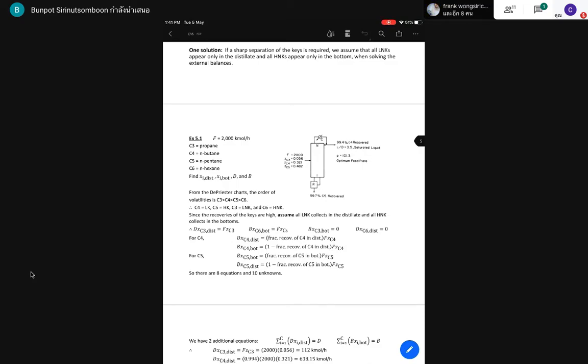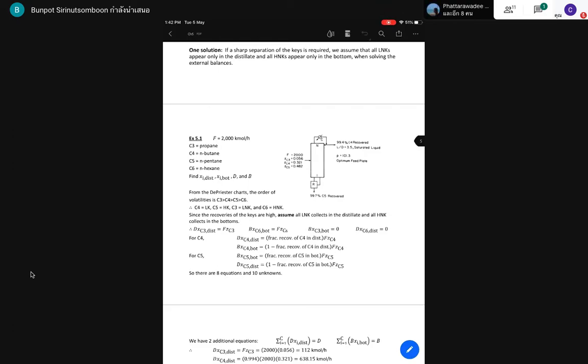We do the overall balance of the system to find the compositions in the bottom and in the distillate. To do that, one of the most basic assumptions is that all the light non-key goes to the top, and there is no light non-key going to the bottom.